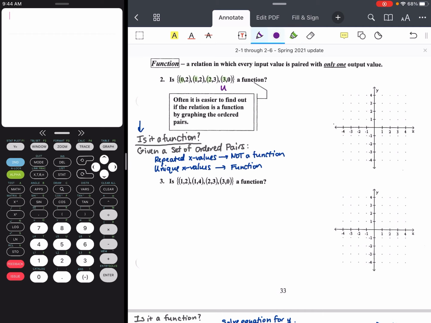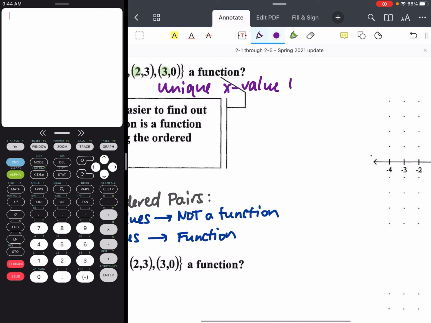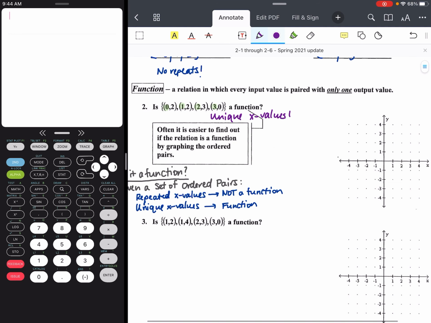I have all unique x values. Unique x values, so that means, yes, this is a function.